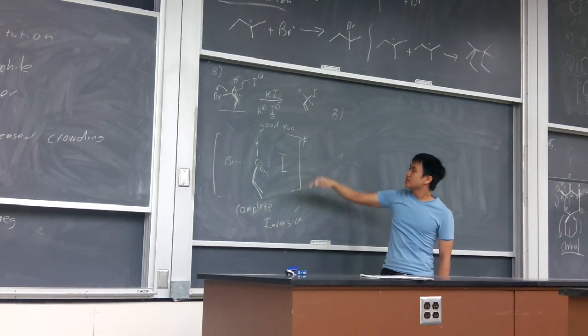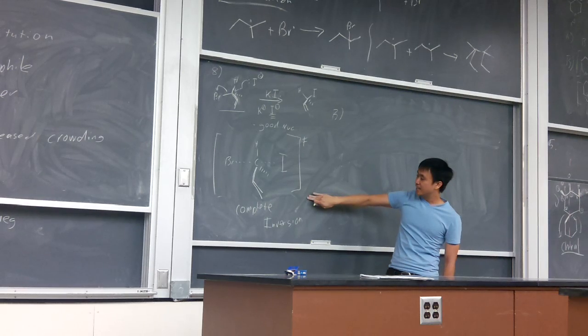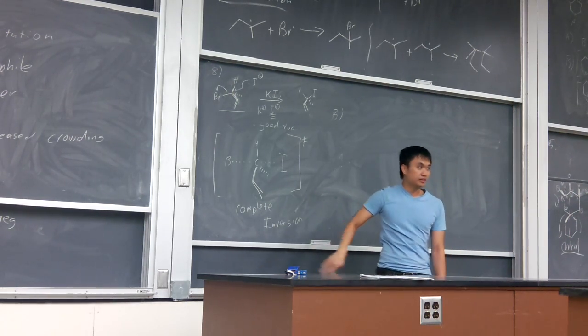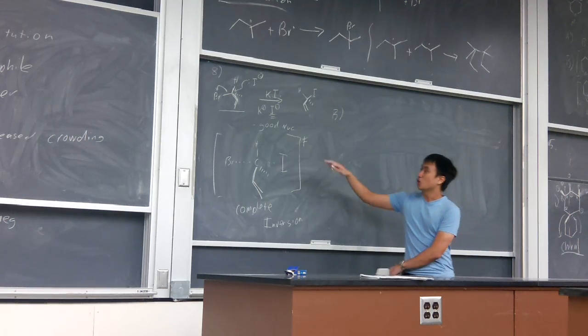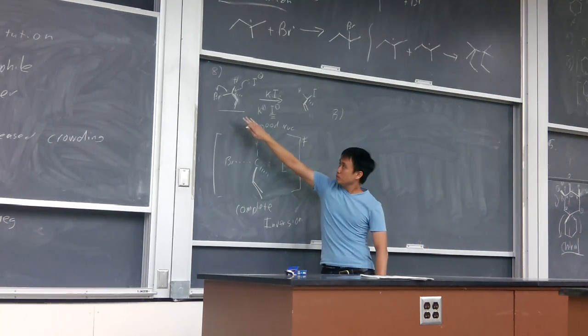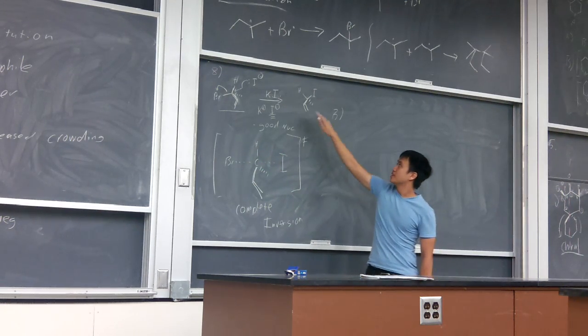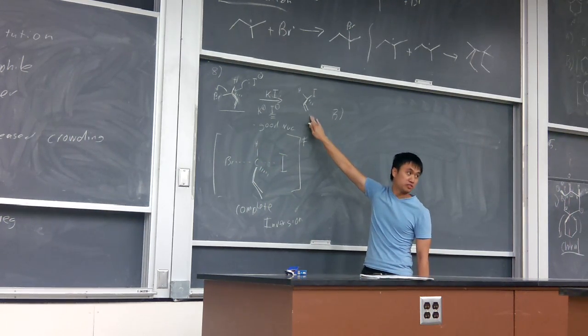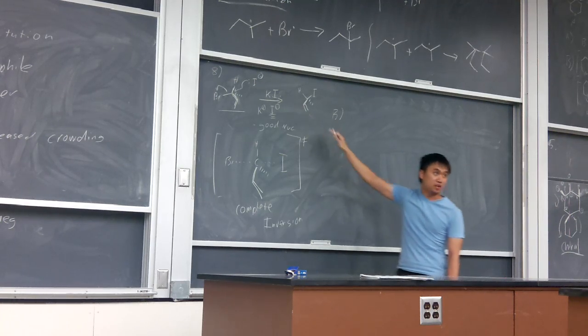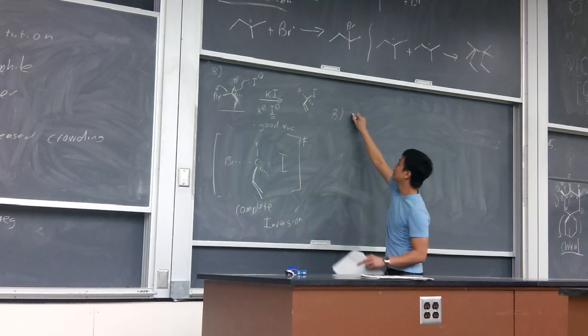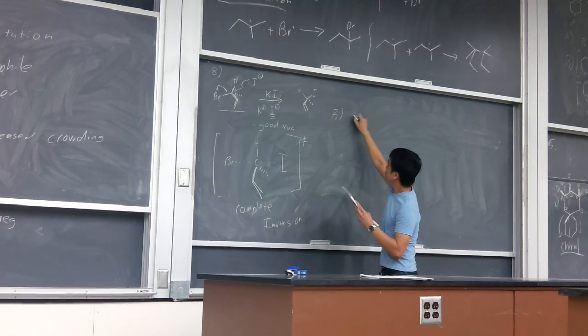Well, if we have a nucleophilic attack and it ends up being a complete inversion, that would mean that if we start with the chiral starting material, then the product should also be chiral. The solution should be chiral, not racemic, because we only have one enantiomer. So it's chiral.